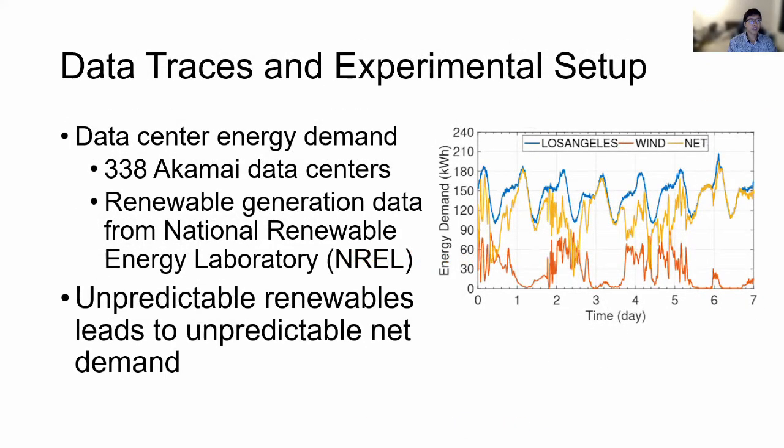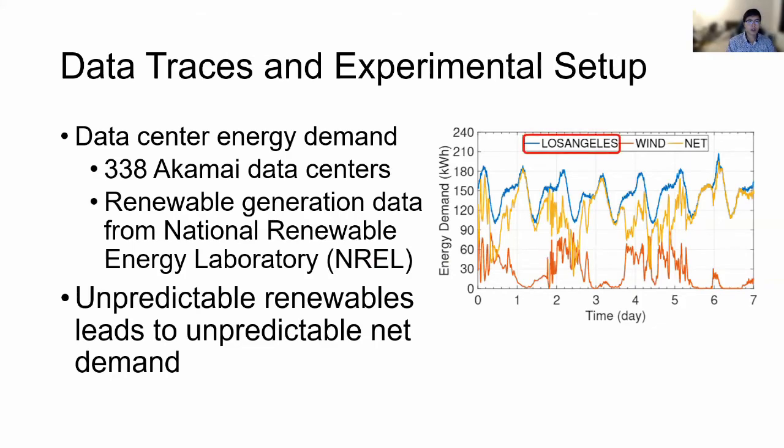Now, to evaluate our theoretical contributions, we conducted experiments using energy demand traces from 338 Akamai data centers. In addition, we also factor in the usage of renewable energy sources using wind and solar renewable generation data from the National Renewable Energy Laboratory. So in this figure, we consider a 1-week period of electricity demand from the Los Angeles Akamai data center, shown in blue.